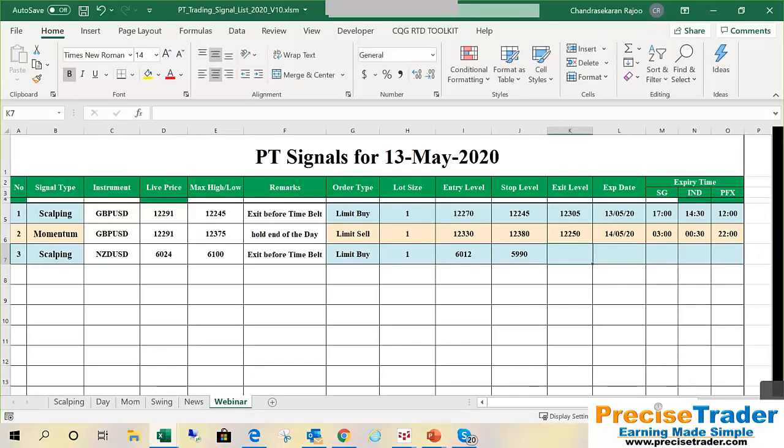And I definitely want to exit before 61, so probably I may want to exit at 60.50. And the validity is till 5 o'clock.